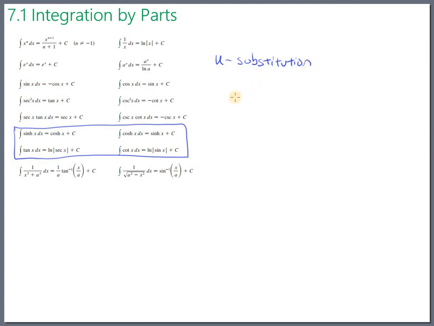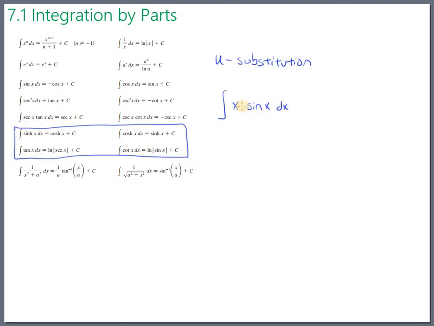What we don't have so far is some sort of way to integrate something like x times sine of x. We know how to integrate x. We know how to integrate sine of x.